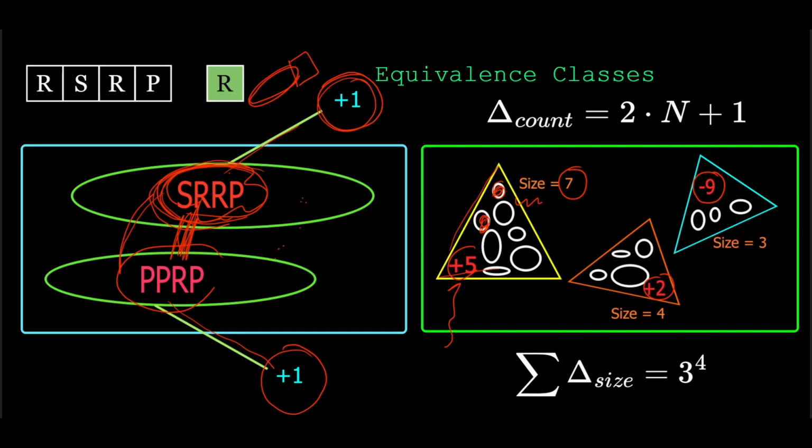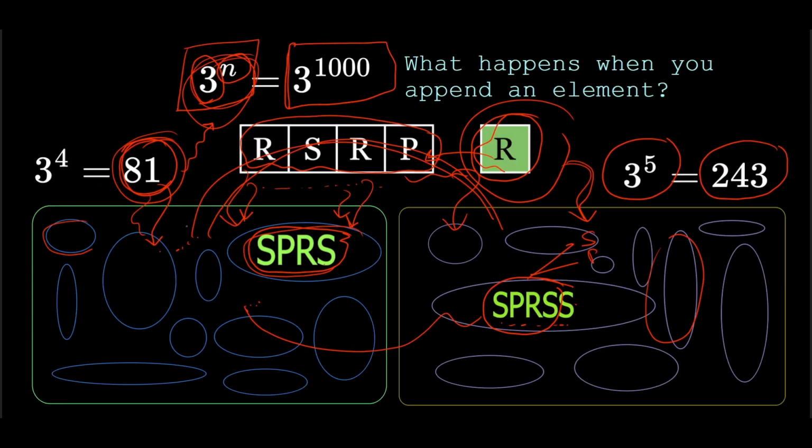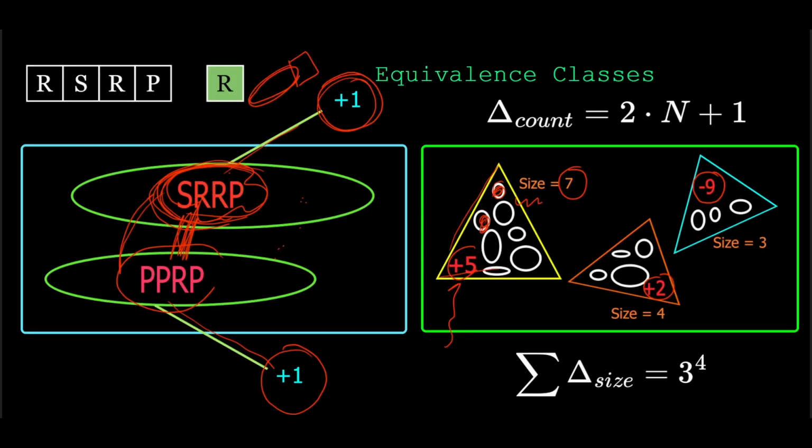So we have essentially found a way to partition the set of 81 elements over here into equivalence classes. And how many equivalence classes are there? The equivalence classes can be uniquely represented by an integer from -n to n. So there are 2 times n plus 1 equivalence classes. So therefore there will be 2 times n plus 1 rectangles, sorry, there will be 2 times n plus 1 triangles that you see over here.